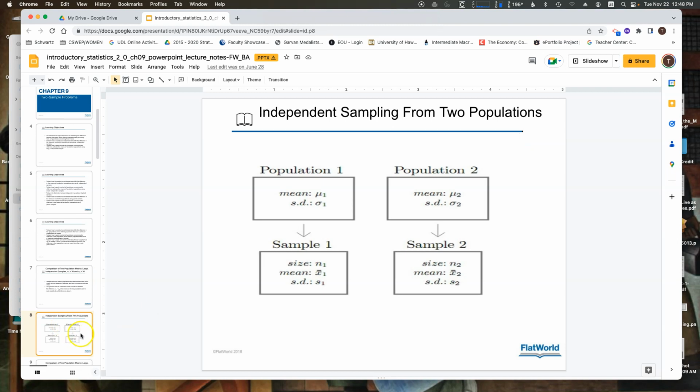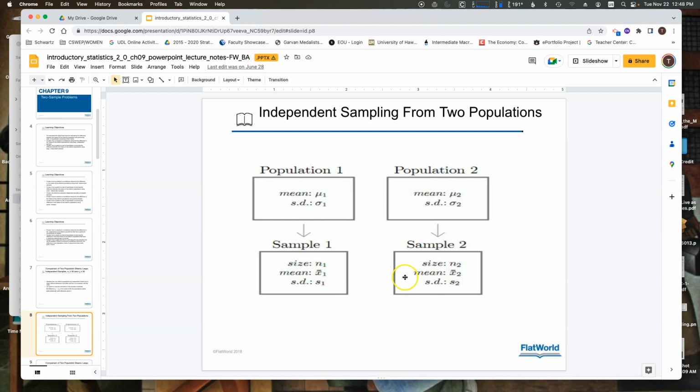And you can see this here. So again, here's the idea. Two independent populations, two samples of those populations, and the question being, what do the mean values look like? And what's the standard deviation of the distribution of the sample?